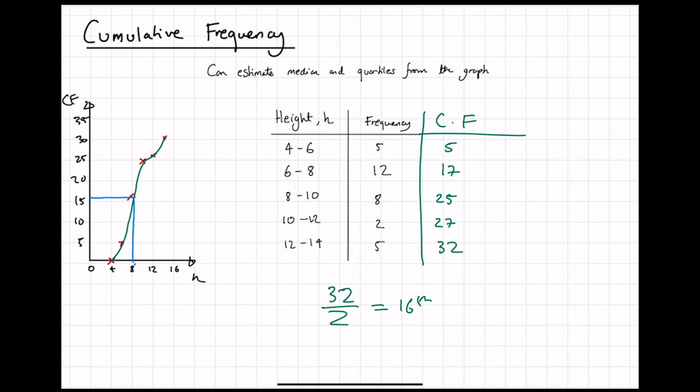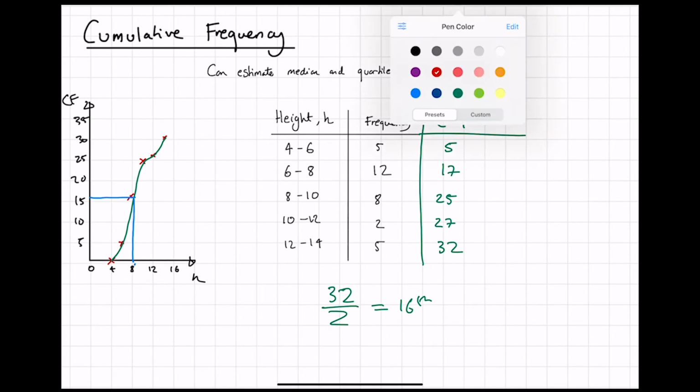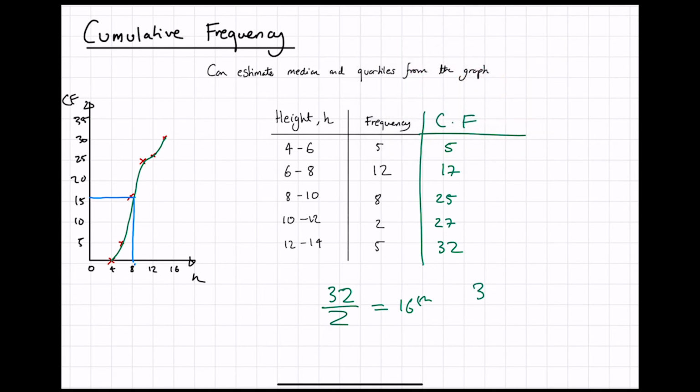If I asked you to find the different quartiles, so let's say the lower quartile, that's just 32 divided by 4, the 8th value. So on my graph here, find the 8th value somewhere, it hits there, that's your Q1, and that's your Q2. Same for Q3, it's just 3 times 32 over 4.